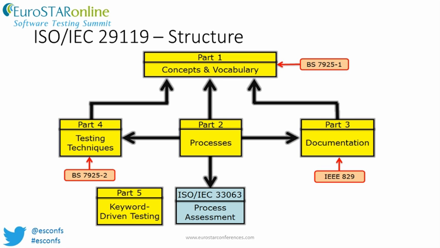The underlying model used as the basis for the new set of standards can be seen on the slide, and comprises 5 basic entities, with the test processes forming the central core. The test documentation is produced as a result of executing the test processes. Thus, the test documentation describes the outputs of the test processes.